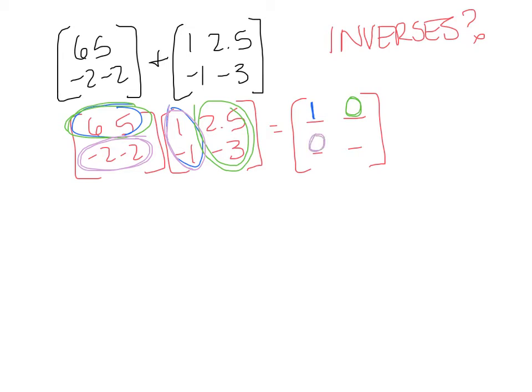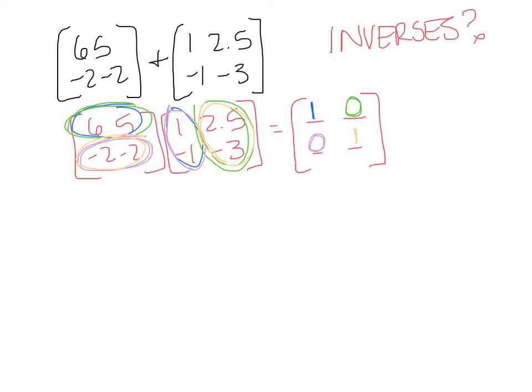And we have one last entry to look at, and that would be row 2, column 2. So the first thing we need to do is -2 times 2.5, which is -5. And then we have +6, which gets us 1.